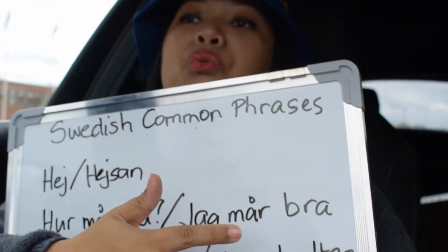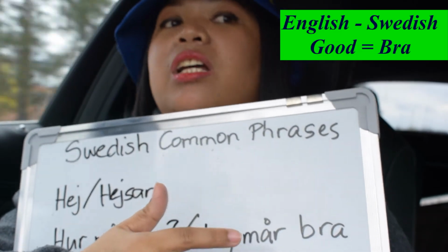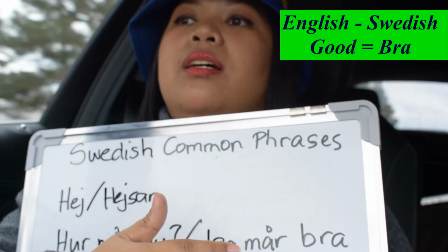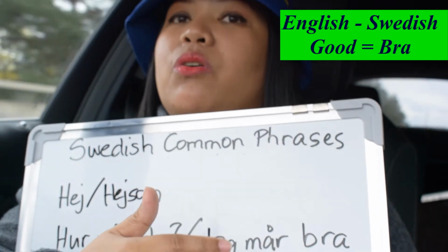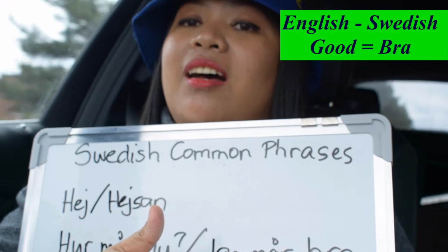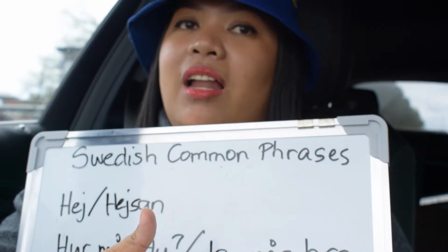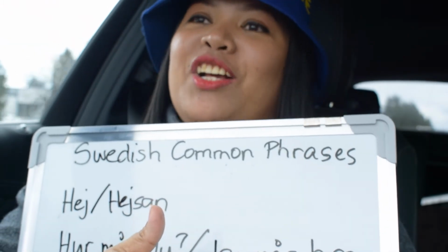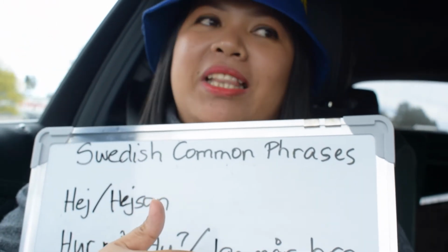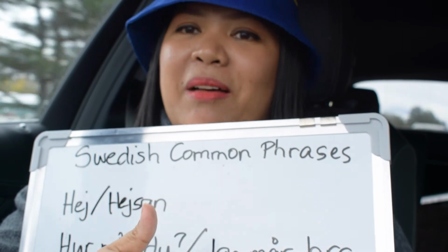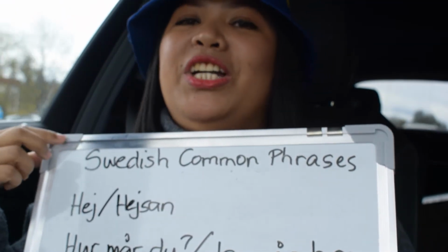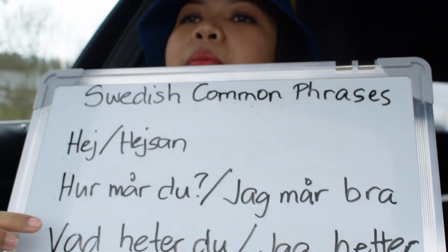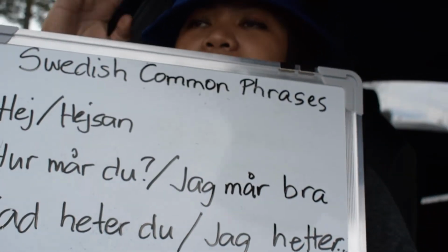Bra is good. In Swedish, good is bra. It's not like the bra we are wearing. It is bra like good. It's a little bit confusing sometimes when you just learn the language.